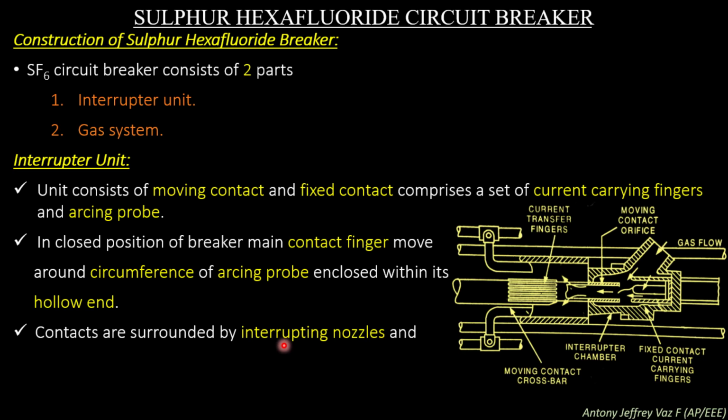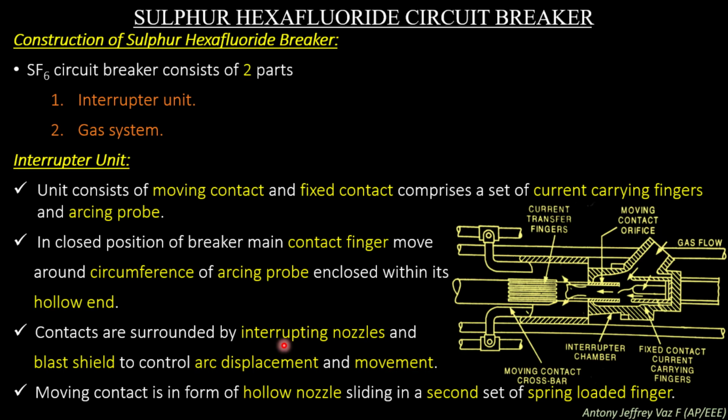Contacts are supported by interrupting nozzles and a blast shield to control arc displacement and movement. The moving contact is in the form of a hollow nozzle sliding in the second set of spring loaded fingers.